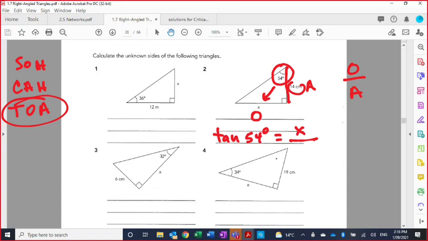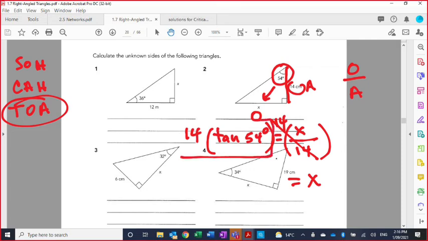And the adjacent is 14. The reason I say it's easier is because when we multiply by 14 to get rid of the fractions, our x is already on one side by itself. So all I have to do is put this into my calculator: 14 times the tangent of 54 degrees. And if somebody would do that for me, that would be wonderful.